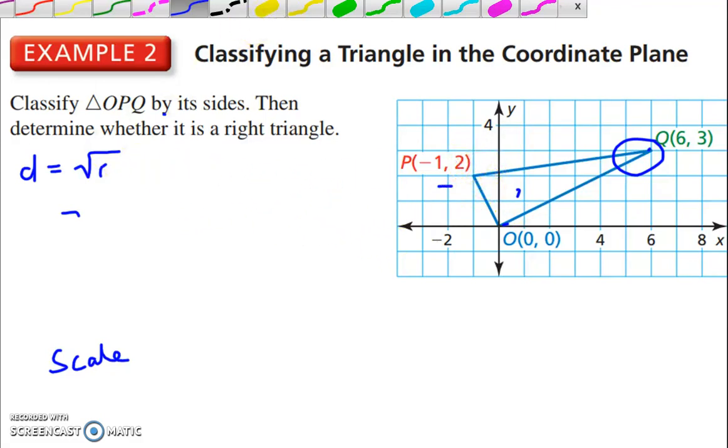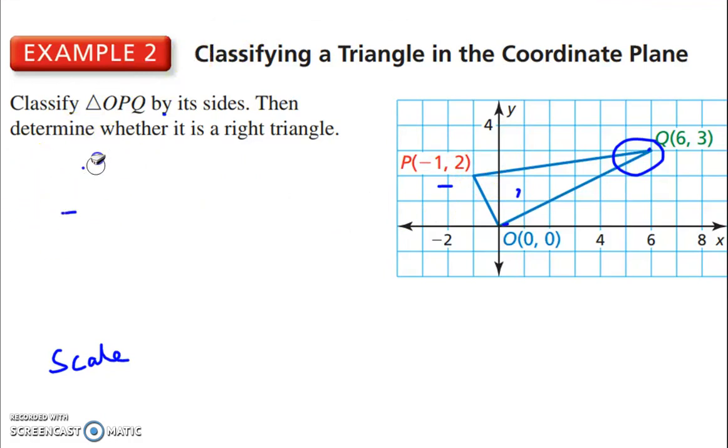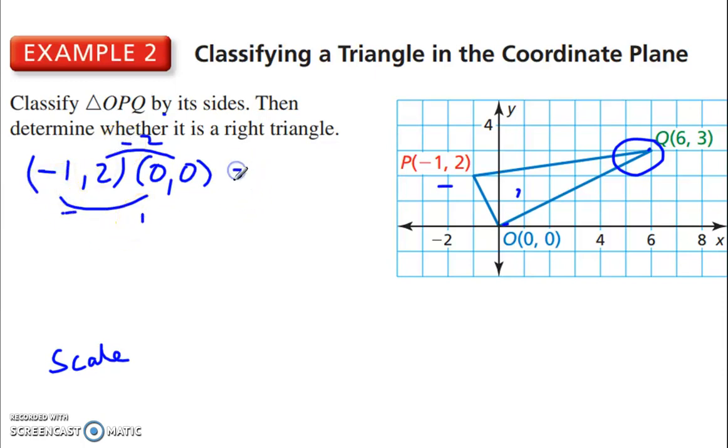So slope, remember our super trick for slope, we take the two coordinates, -1 and 2, and 0, 0. See, what's the slope between these? Change in y is -2, change in x is 1. So the slope here is -2 over 1. And then the others, we have 0, 0 and 6, 3.